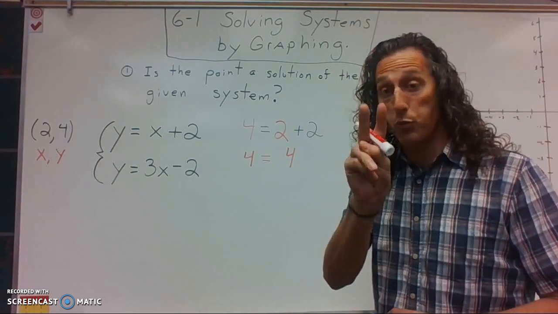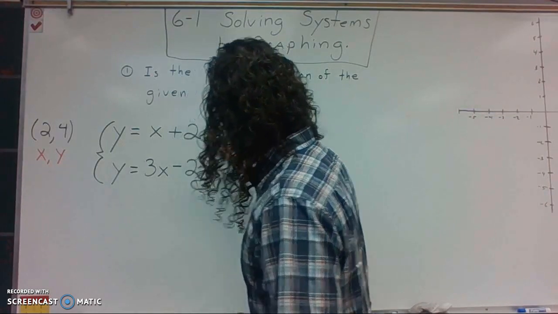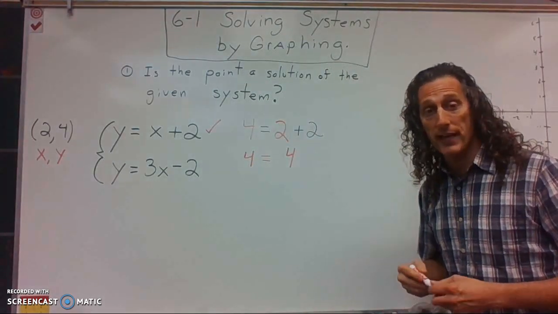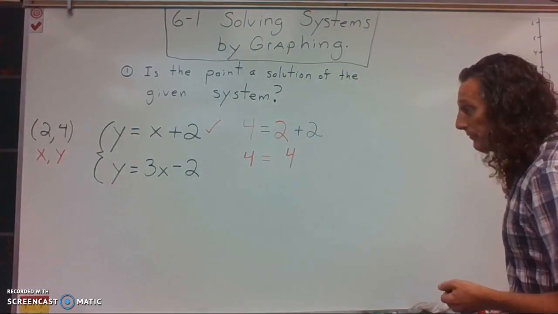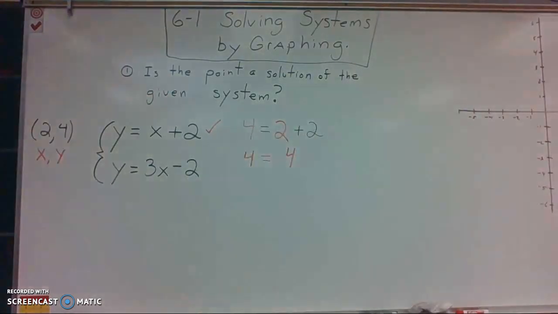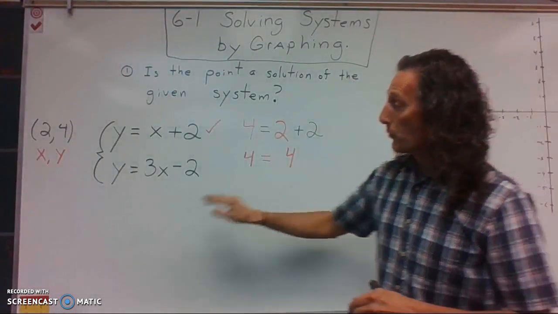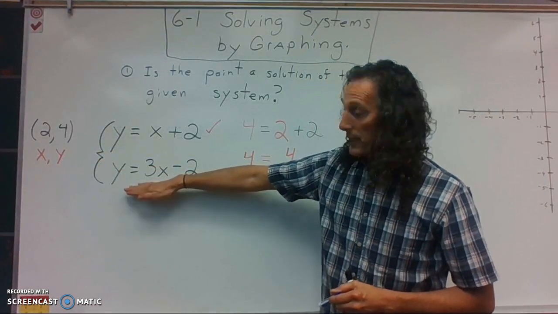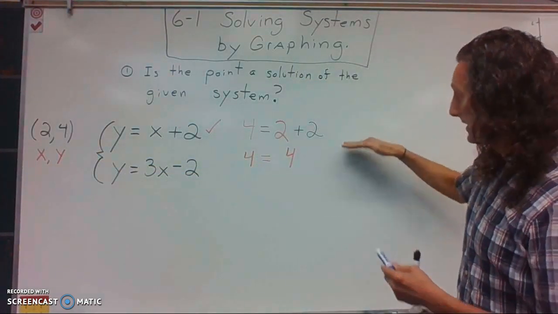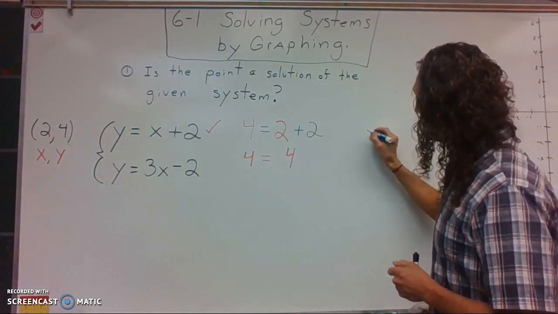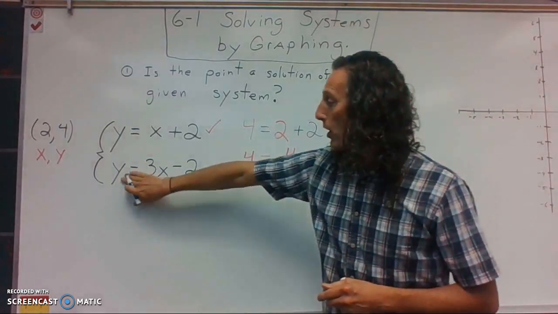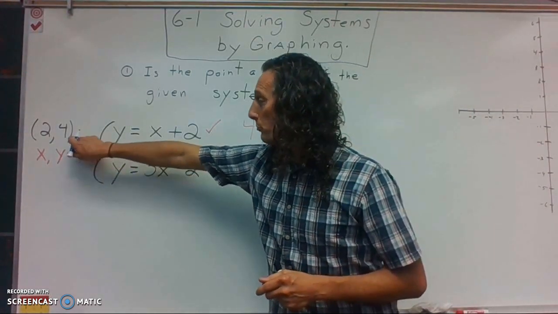Before, if it was just a yes, we'd be done, but now we have to do it twice. So I put a little check. That's good to go. Now we're going to do the same thing again, except we're going to take this other equation, so I'm just going to write it right next to it. Instead of y, again, what am I going to use? My 4.